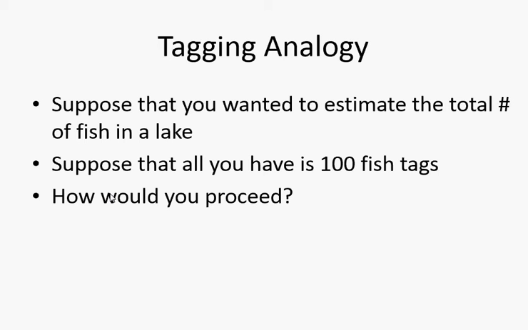So we have in our lake some number of fish, and they're swimming around. There are some lunkers and some small ones, and we want to estimate how many fish there are. And all we have is some fish tags. What these fish tags allow us to do is to tag a fish in a fairly innocuous fashion, so that if we catch that fish again, we can recognize it's a fish we caught before.